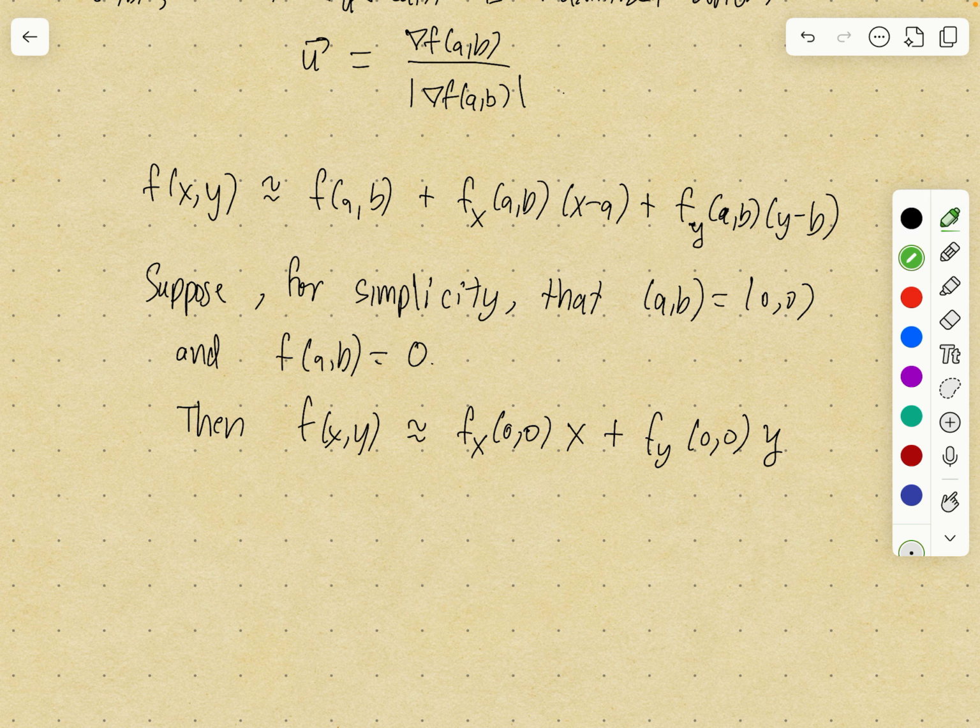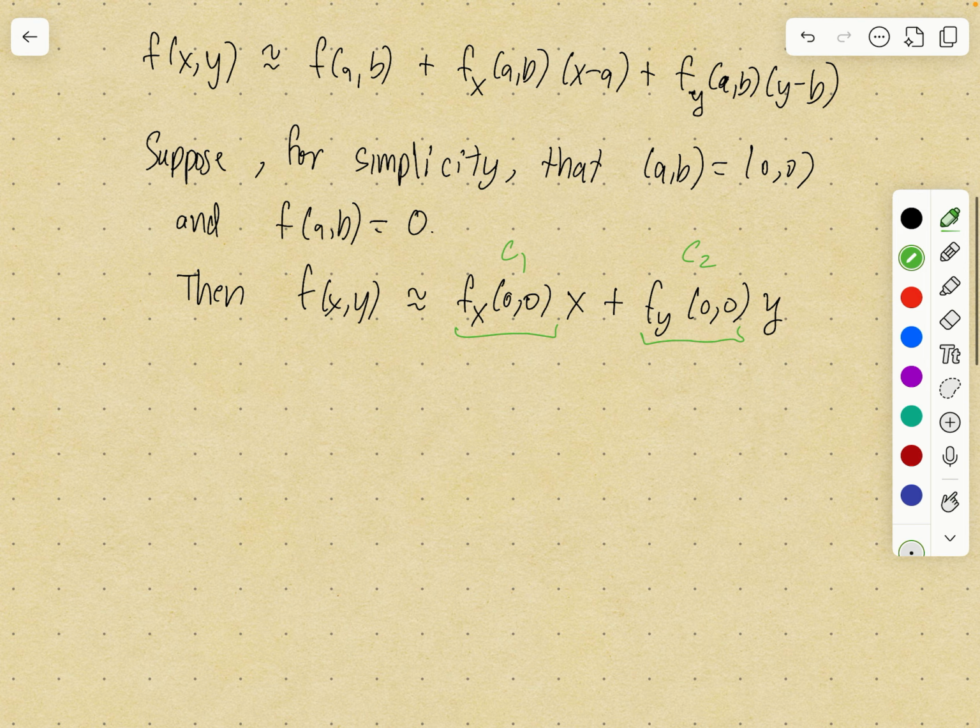And let's call this f sub x at 0, 0 c1, and let's call that other constant, f sub y at 0, 0, c2. So it's basically a constant times x plus another constant times y, right? And then the graph of that is a plane. And then the gradient is just c1, c2, okay?